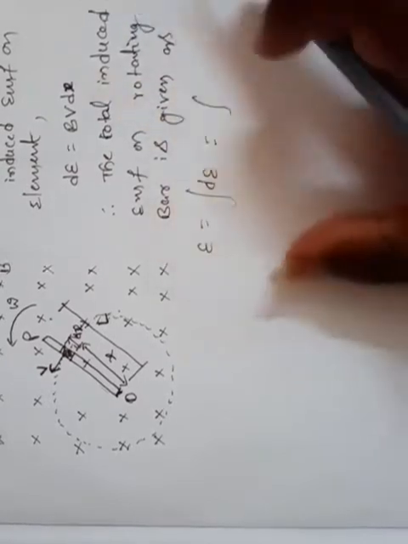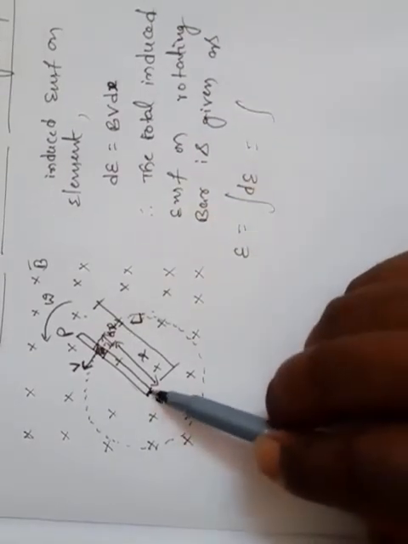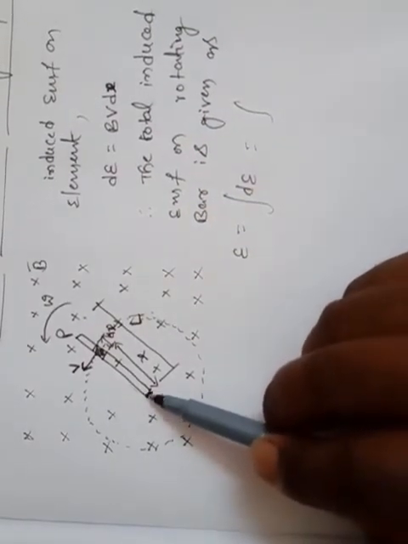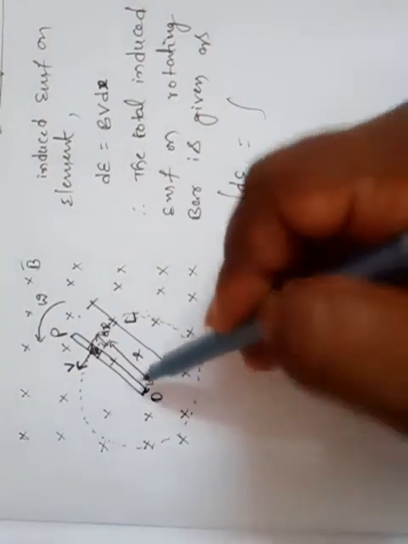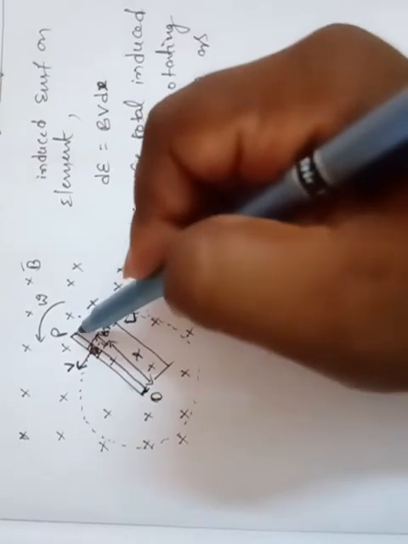From where to where do we have to apply the limits? What is the axis of rotation? About point O. Based on point O, it is continuously rotating, so from this end to this end we have to apply the limits.